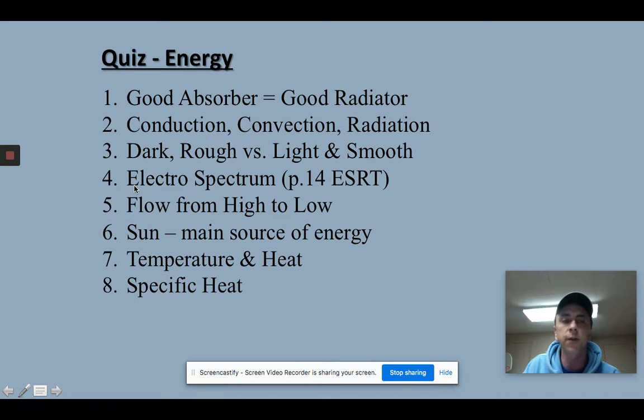We just looked at the electromagnetic spectrum on page 14 of the reference table. Know that all heat will flow from high to low energy and high to low temperature. If you ever get the question, what's the main source of energy on Earth? It's the sun. And everything I just went over, temperature and heat and specific heat, know those things.